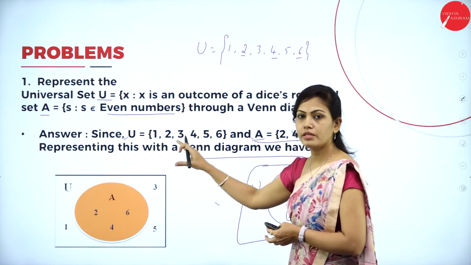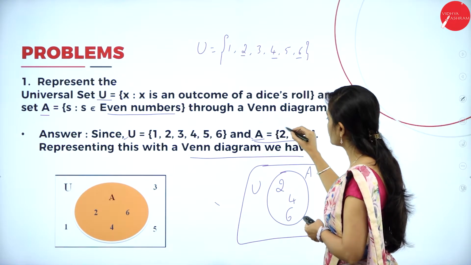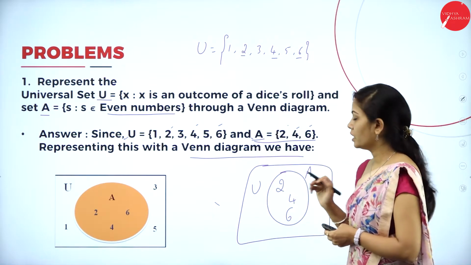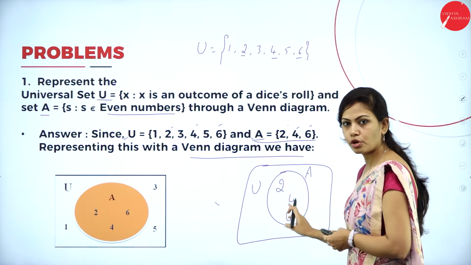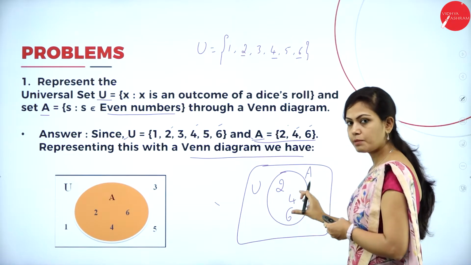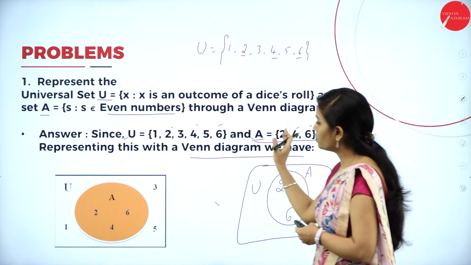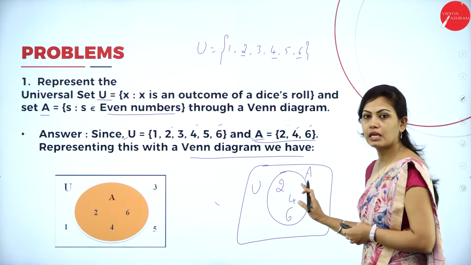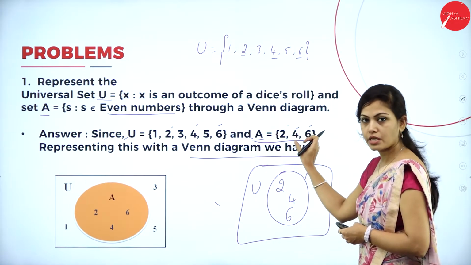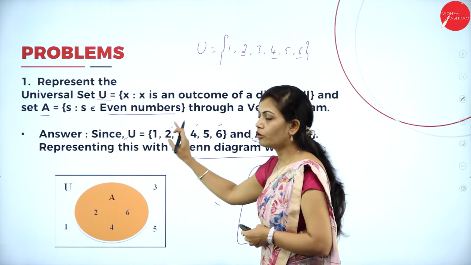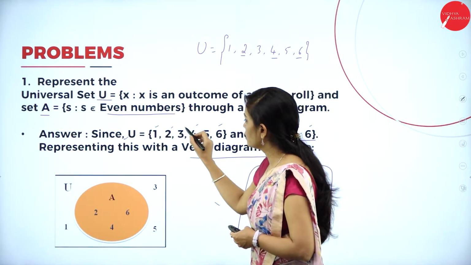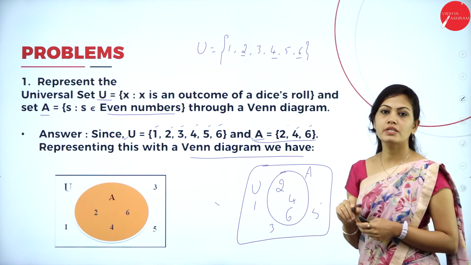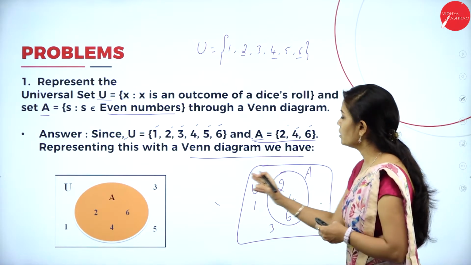Cross check set U and set A: 2, 4, 6 is common in both set A and the universal set. So I have already written the elements of A, that is 2, 4, 6. Except these common elements, write the remaining elements of U outside this circle, that is 1, 3, 5. So this is your Venn diagram.